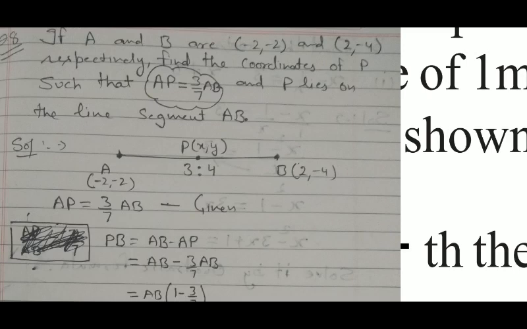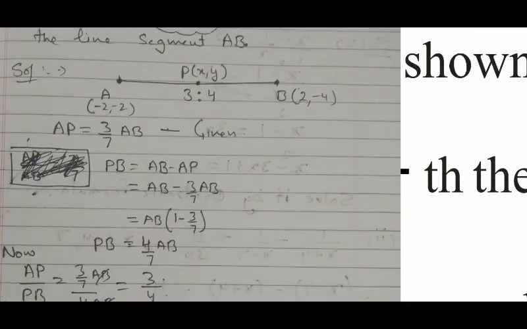So in the first step, you will find the value of PB, which is equal to AB minus AP. Now you will use the given value of AP, that is 3/7 AB, and simplify this. Taking AB common, what is left inside the bracket is 1 minus 3/7, and you will get the value of PB as 4/7 AB.